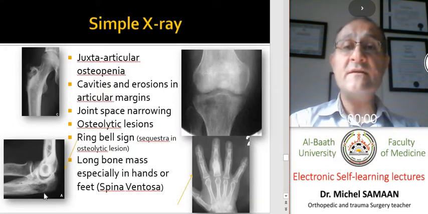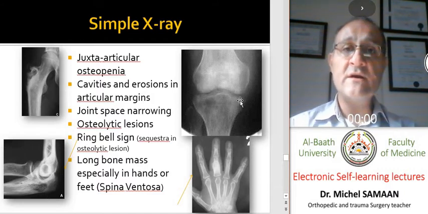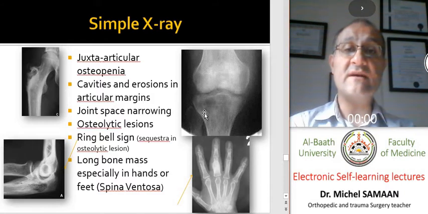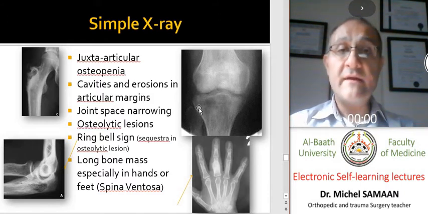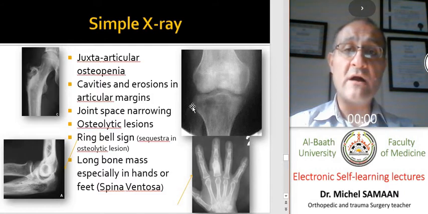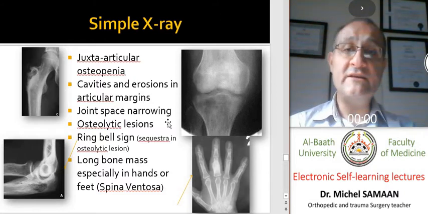On X-ray examination, as we see here in these radiographs, we see juxta-articular osteopenia because of the hyperemia that exists with infectious arthritis. We see cavities and erosions on the articular margins, symmetric joint space narrowing, and osteolytic lesions.